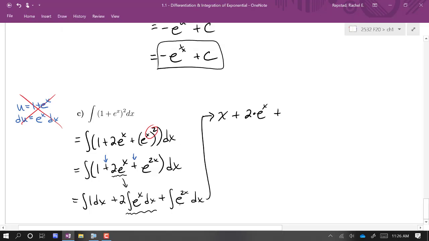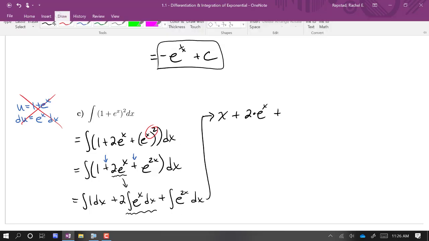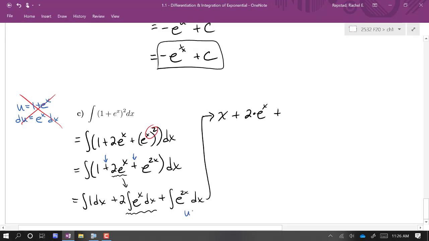And for this one, I'm going to let u equal 2x, so that du is 2 dx. I'm going to throw in a factor of 2 and a factor of 1/2. And I'm going to rewrite the integral first: 1/2 integral e to the u du.